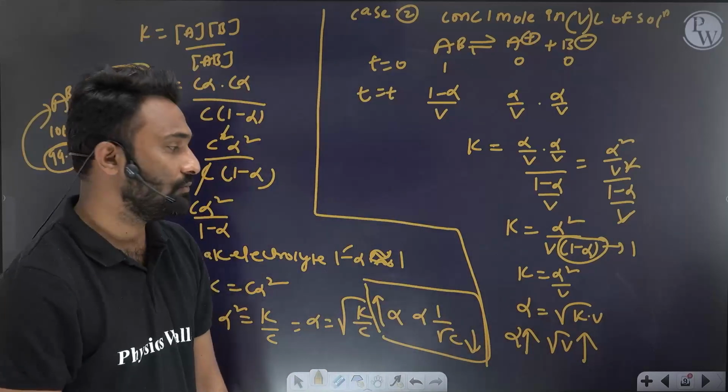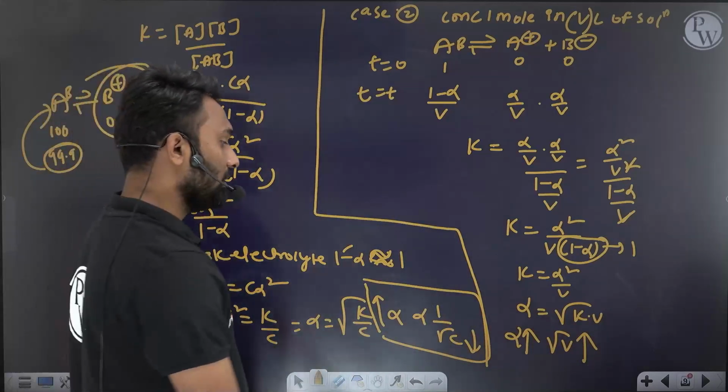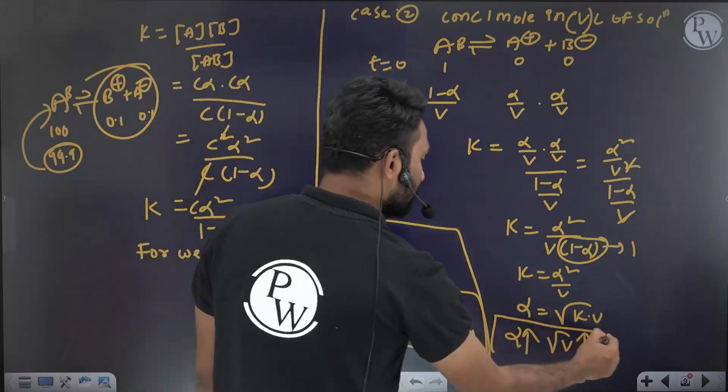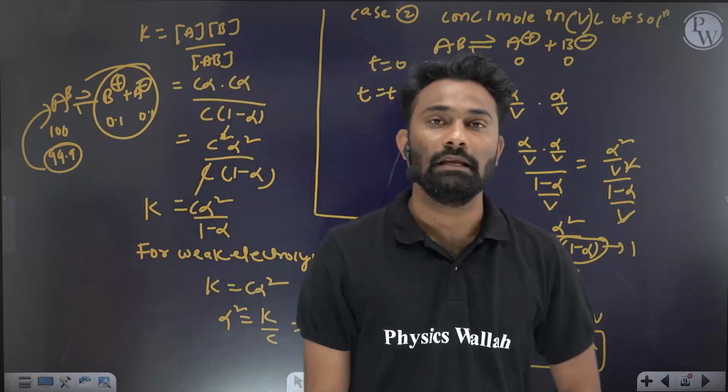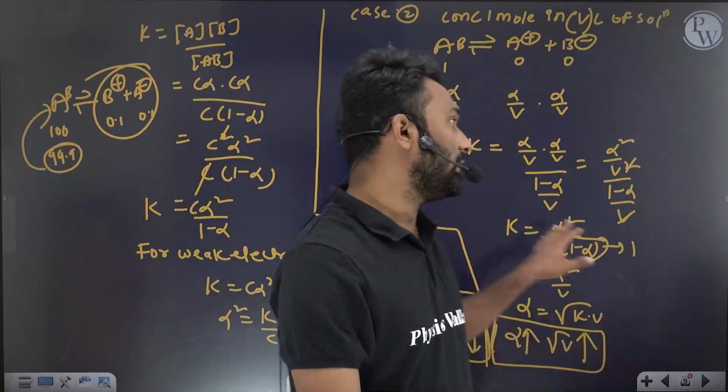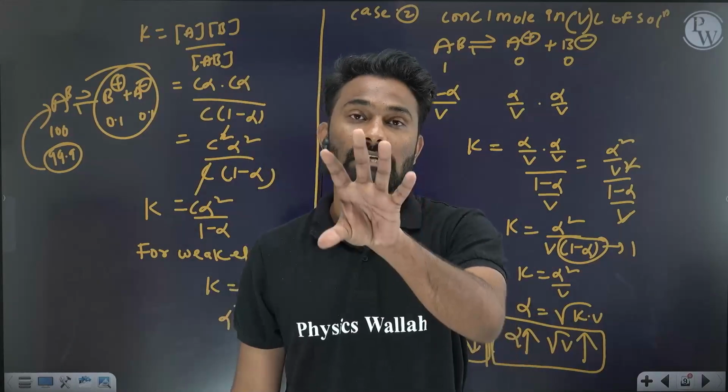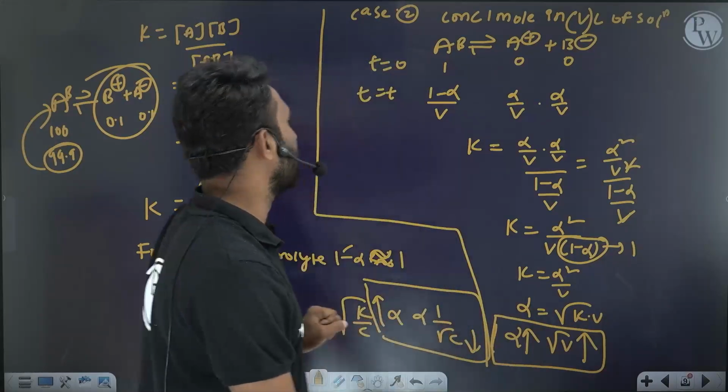Here the degree of dissociation alpha value increases, and root V is also increasing.